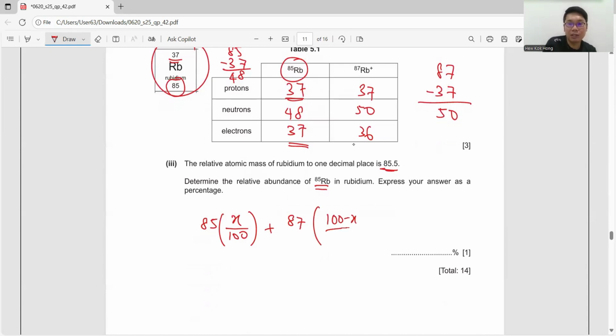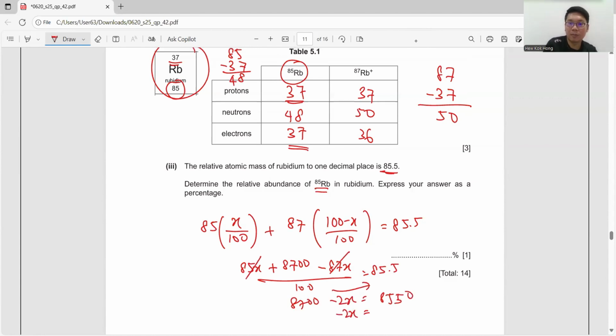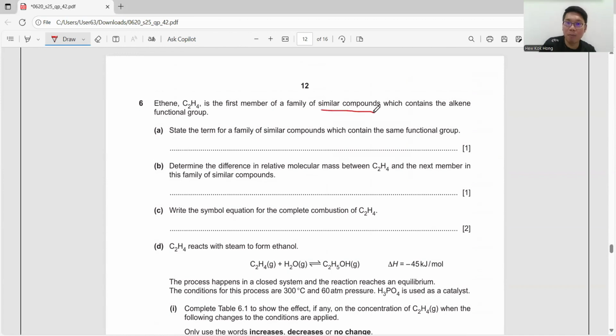So we use this, and this will become 85.5. At last I will get this thing I drew here. Negative 150, so we confirm X is 75, 75%.